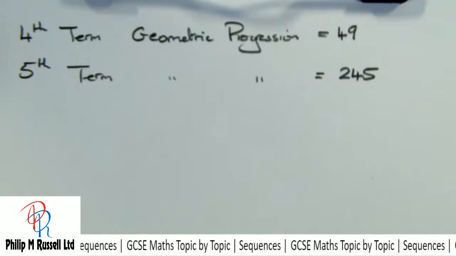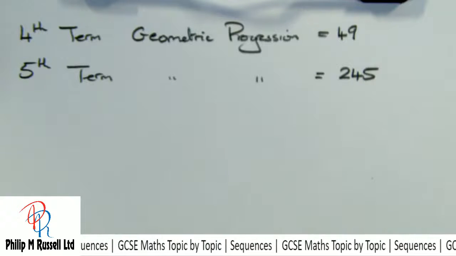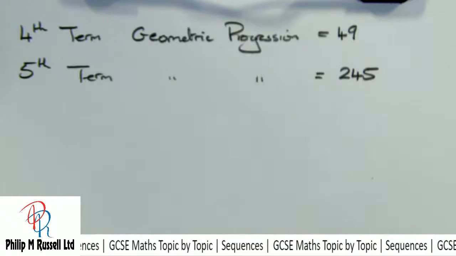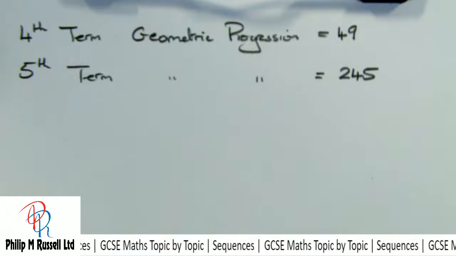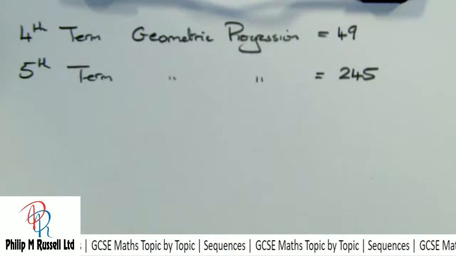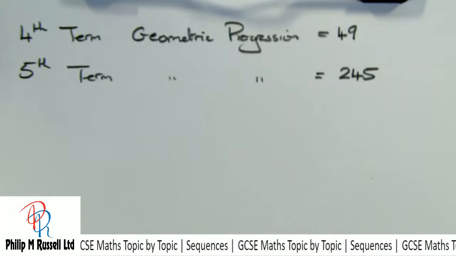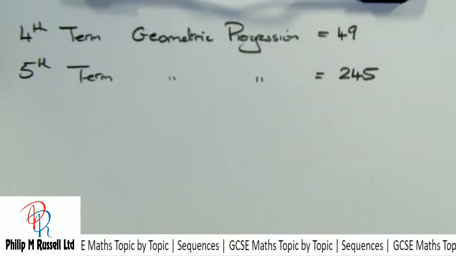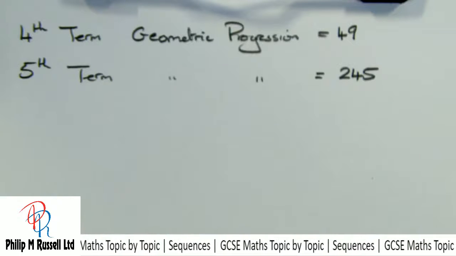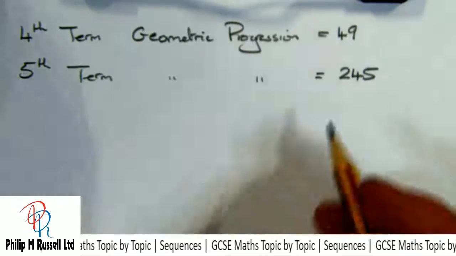Well, the good news is for a lot of these that a calculator can be quite helpful to try and work out what's going on. And we can use our calculator to try and do this, and it makes life quite a lot easier.